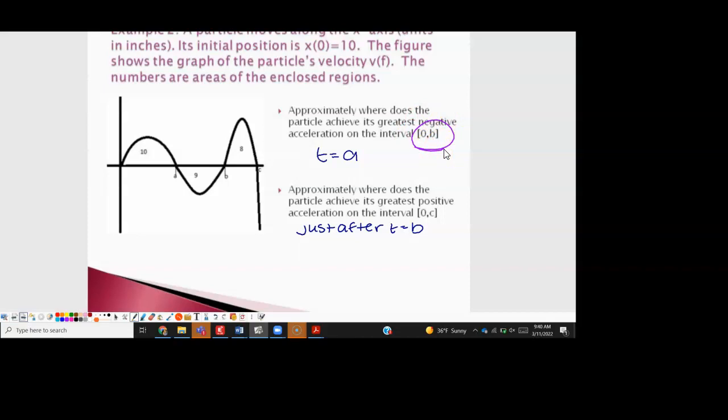That's a positive acceleration, that's positive, increasing. So you need the steepest negative. Wouldn't it be A? Because to me this isn't as steep as that. Now, they might actually give you numbers. And then where does it achieve its greatest? B. B, yeah, B, like right here.